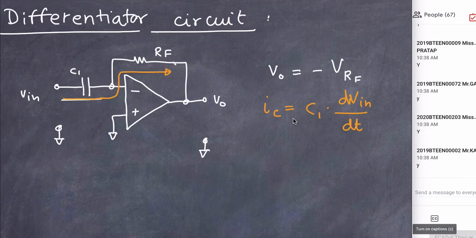We can do this because the voltage across the capacitor is the same as V input, because the right hand side is 0 volt. Therefore we can directly put here V input.